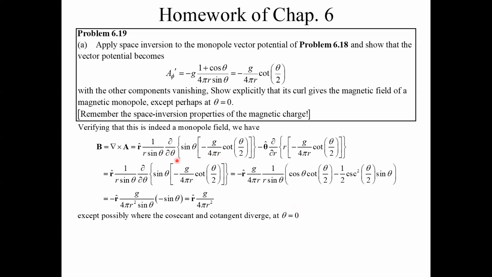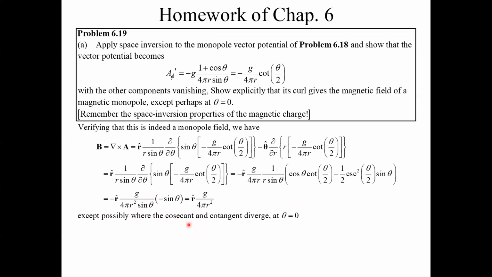We calculate our B field like this, and we will find that there is no dipole here, so this is only contributed by the monopole. Okay, from the B field, we can check the dipole is 0.